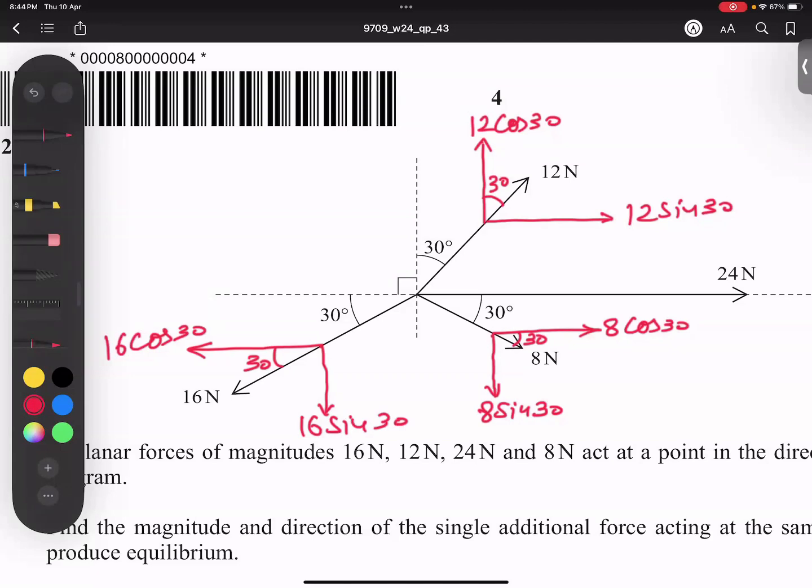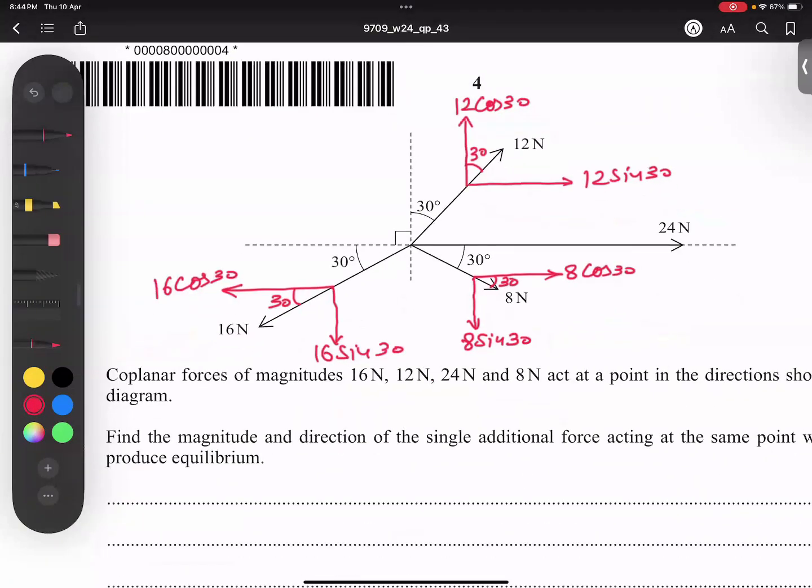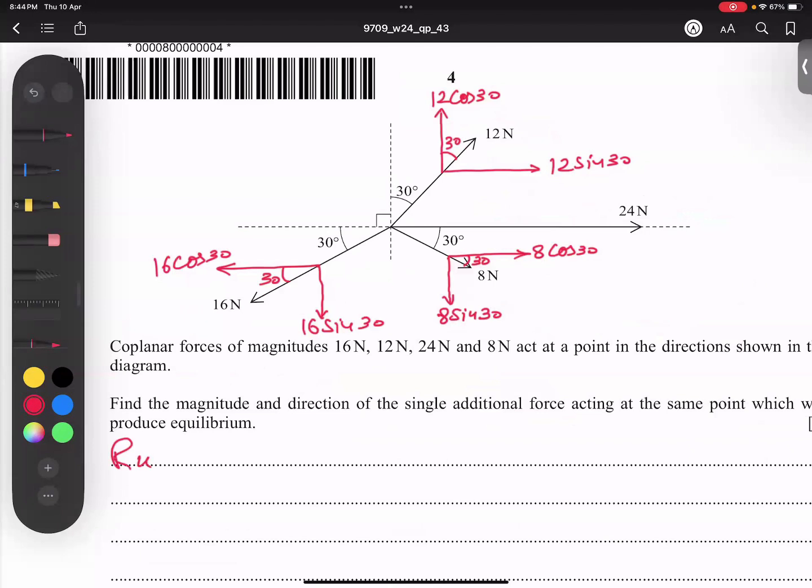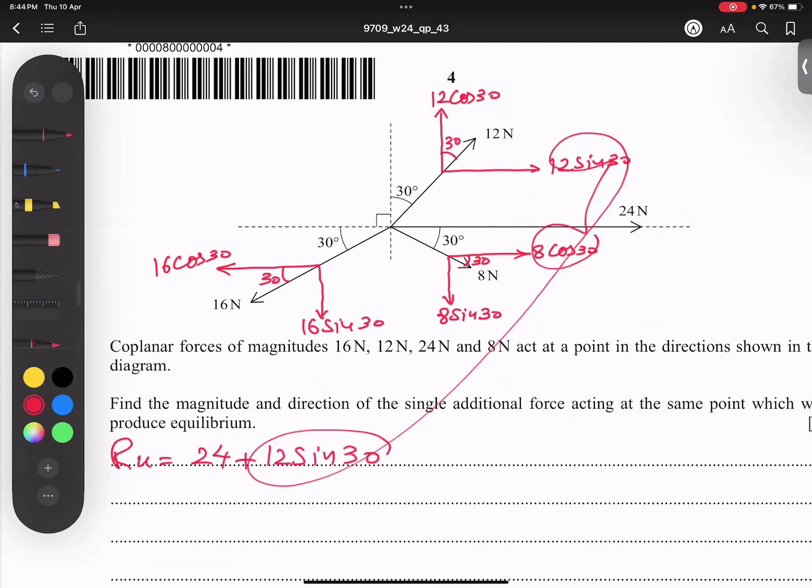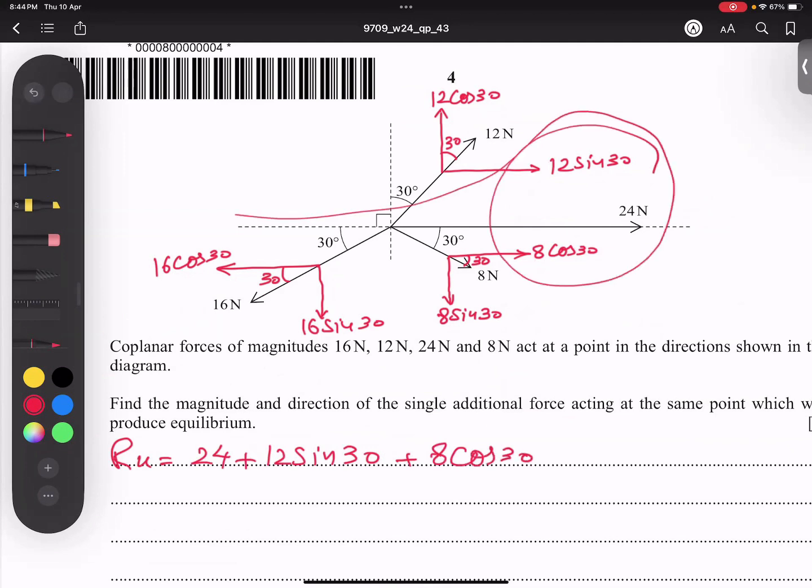Now I can find Rx, the force acting along the x component. This one has no x component, so 24 as it is, plus 12 sine 30 from here, and 8 cos 30, because all of these act to the right side, so they add up. But this one acts to the left side, so it is negative, so subtract.